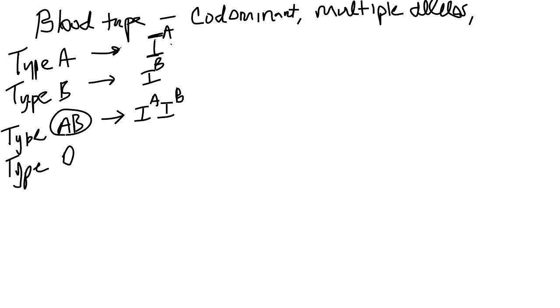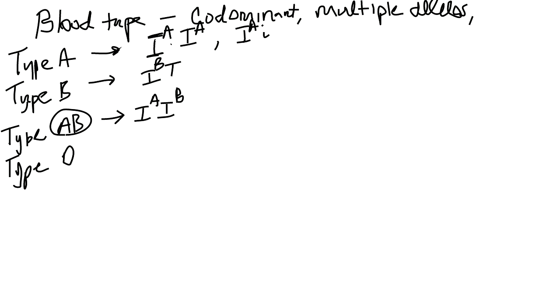Now, to be type A, that's the allele that causes the A antigen. Everybody has 2 chromosomes. We've got one from our mom, one from our dad, so we have 2 copies of everything. So the person can either be IA, IA, or they can have only 1 copy, which is dominant to another allele that I'm going to represent with lowercase i.